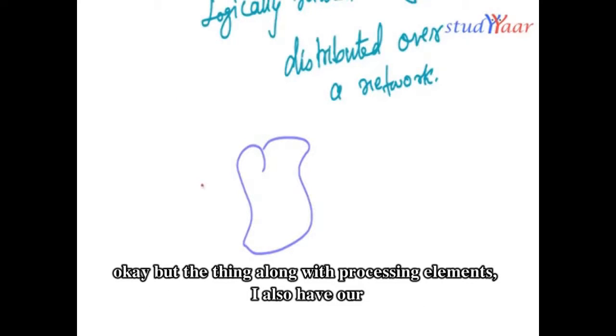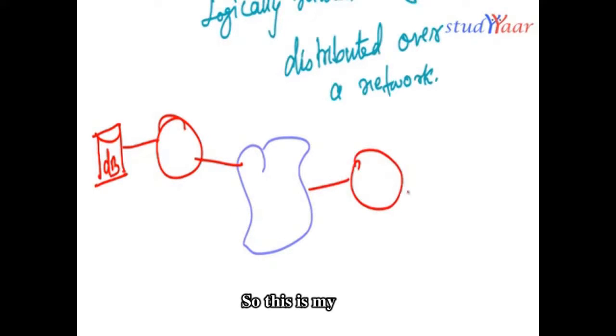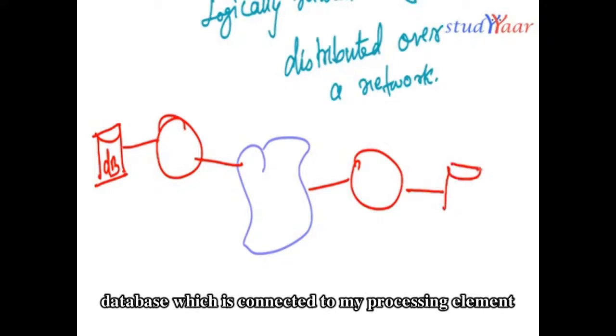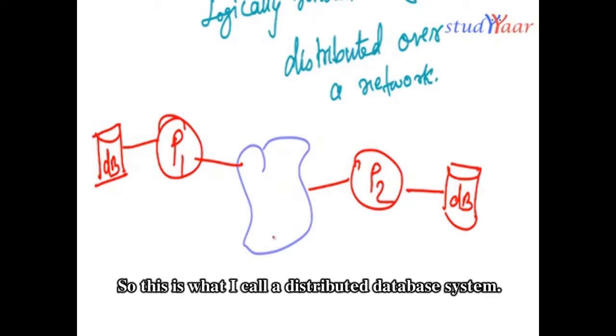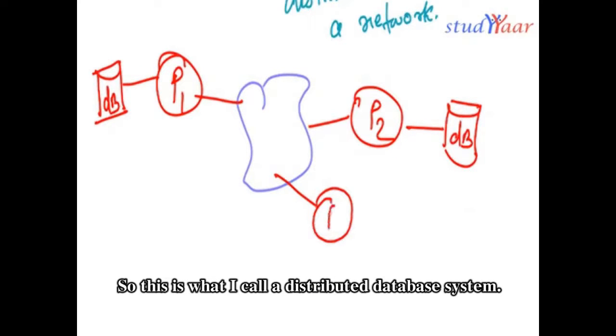But along with the processing elements, I also have a database over here, which is connected to my processing element. This is what I call a distributed database system.